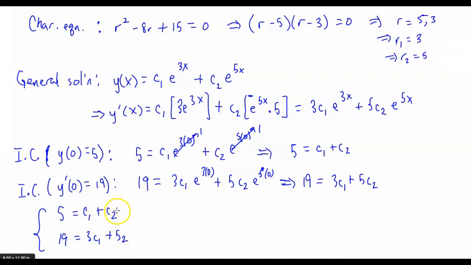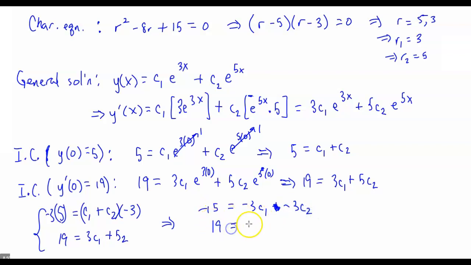And what I'm going to do is multiply both sides of this top equation here by a -3. And what I'll be doing here is essentially trying to eliminate the C1 variable. So if I do that, that'll be -15 equals -3C1 minus 3C2. And this will be 19 is equal to 3C1 plus 5C2.